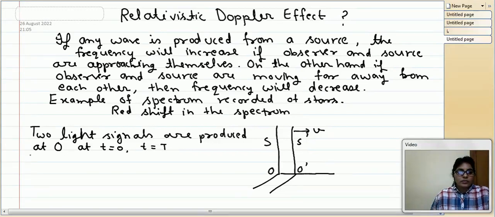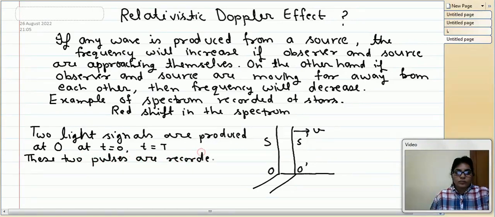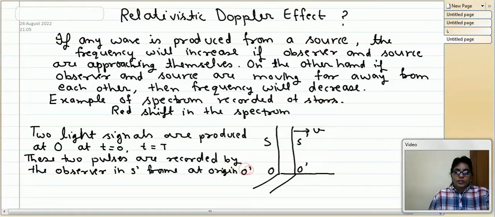And then these two pulses are recorded by the observer in the S dash frame at origin O dash, meaning our observer at the O dash position is stationary with respect to S dash.